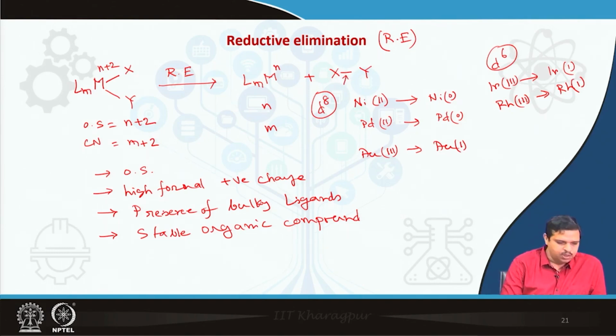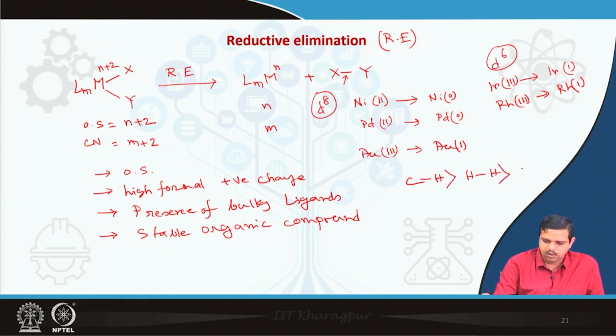As an example, if you form a C-H bond, it is more favorable than H-H or C-C bond formation. So, if reductive elimination is associated with forming the organic compound with a C-H bond, it will be more favorable than carbon to carbon.